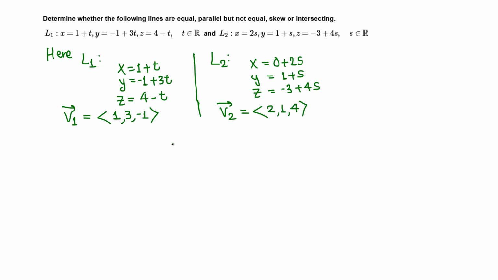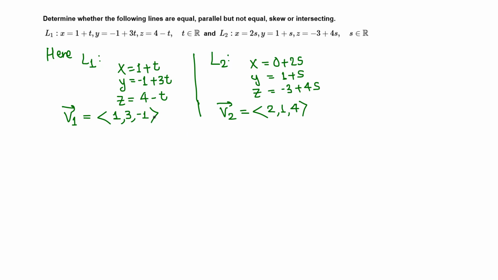We know that if these vectors are parallel, that means one is a constant multiple of the other, like v2 is 2 times the first or 3 times the first, or v1 is 5 times the second or negative 2 times the second, etc. If these two vectors are parallel, then the lines are parallel.